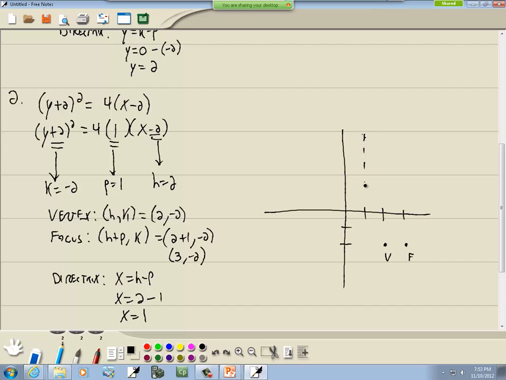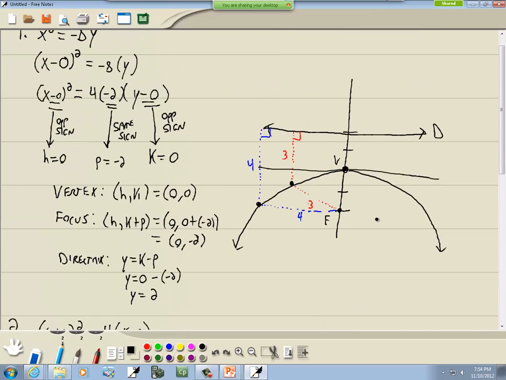And I'll put a dashed line here. That's our directrix. Now what you're going to find is the vertex will be exactly in the middle of the directrix and the focus. So this vertex here I see is a distance of 1 over to the directrix and a distance of 1 to the focus. So then I know that's right.